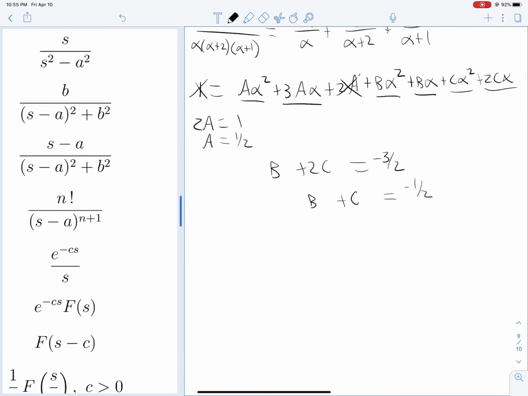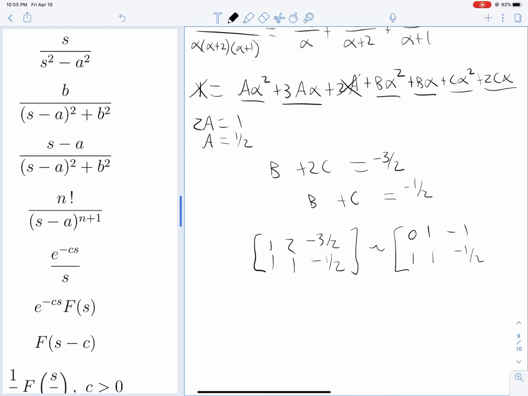We can make a matrix out of this: 1, 1, 2, 1, negative 3/2, negative 1/2. This is equivalent to 0, 1, plus 1/2, negative 1, 0, 1, 1, negative 1/2.